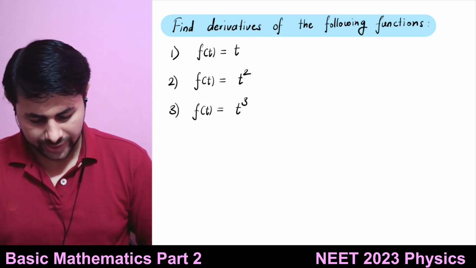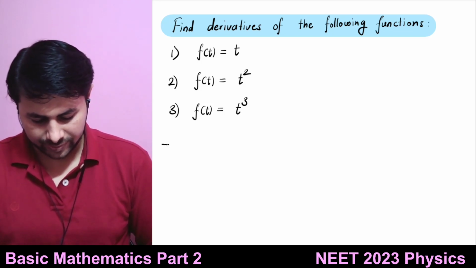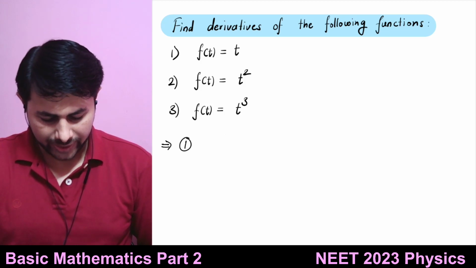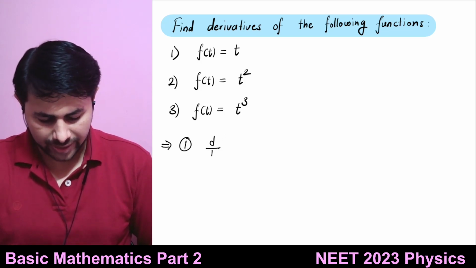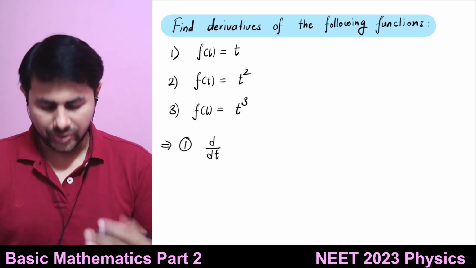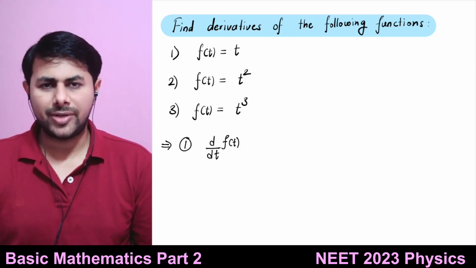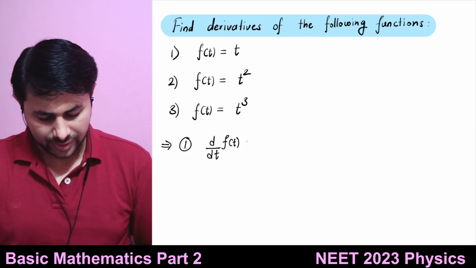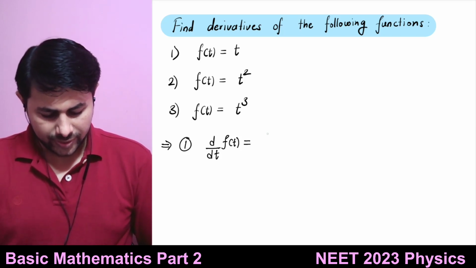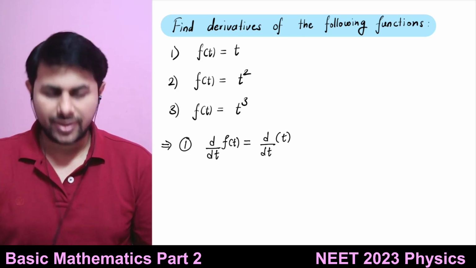So I want to find d by dt of f of t. What is f of t? It's some function of t. So it is d by dt of, what is f of t here? t.